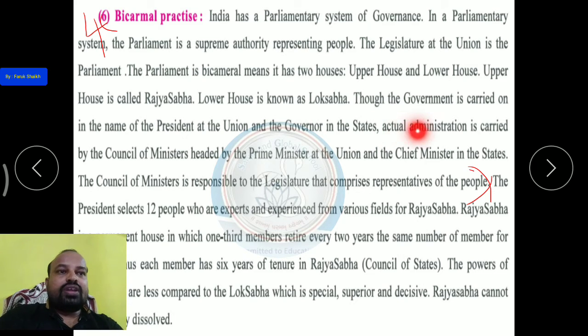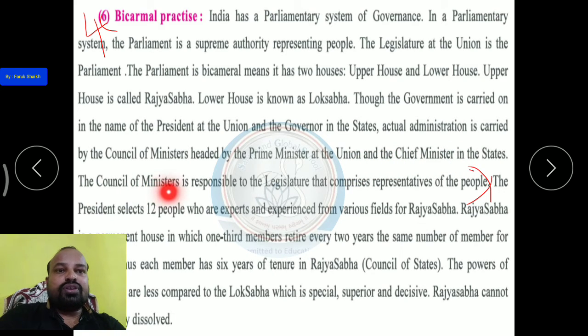The actual administration is carried out by the council of ministers headed by the prime minister at the union and the chief minister in the state. All the work is done by the administration, the executive body, headed by the prime minister at the union and by the chief minister at the state.